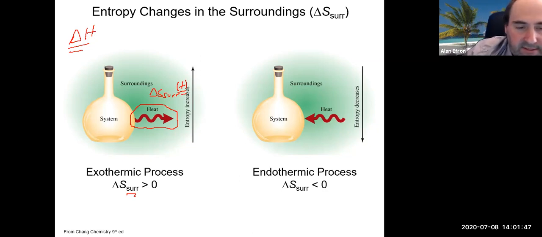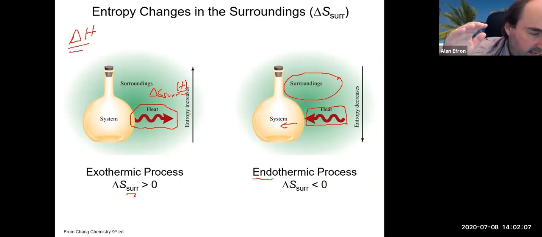Now, the opposite is true here. If the reaction is endothermic, which is what happens here, that means all that heat and energy is going to come from the surroundings into the system, which means our surroundings has now lost all that heat and energy, which means everybody in the surroundings, think about it this way, you can lose some energy, kind of slow down, right?